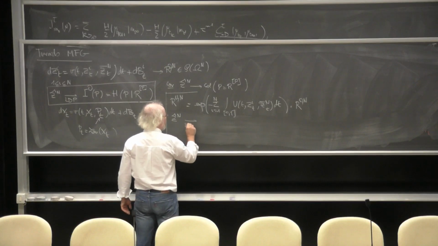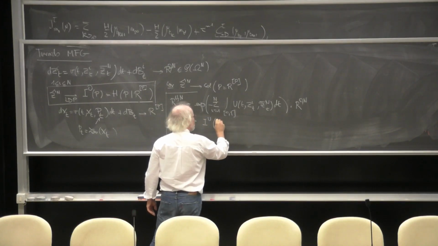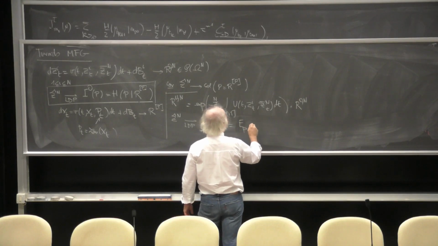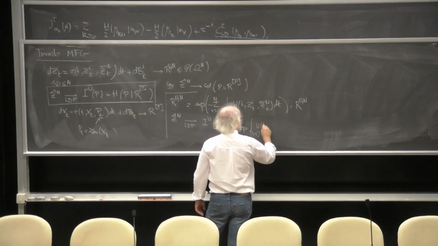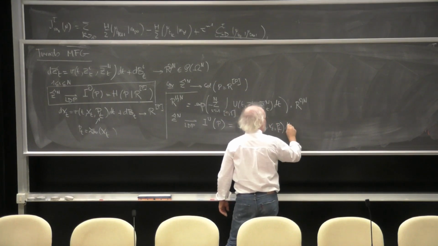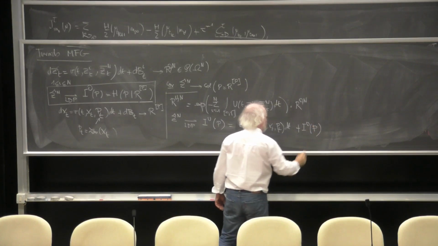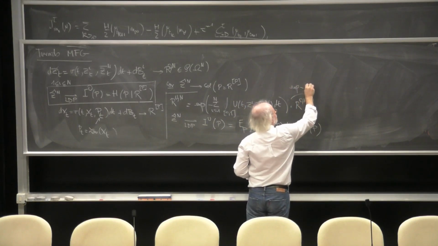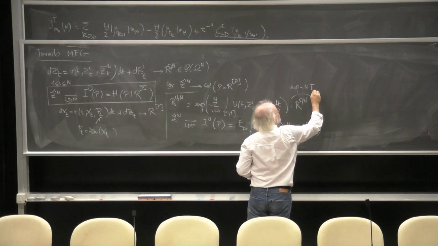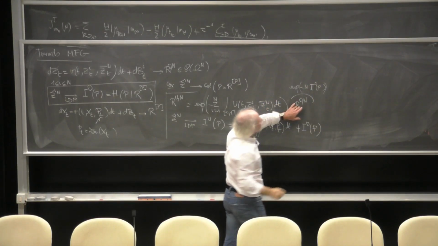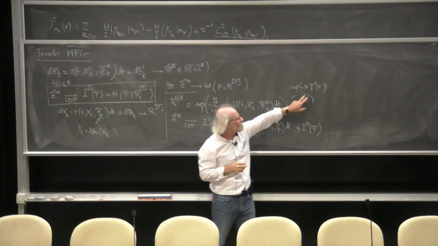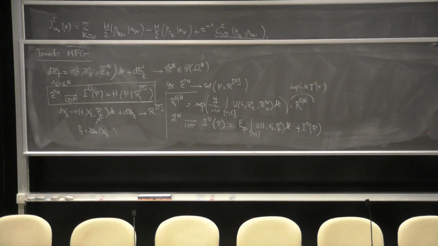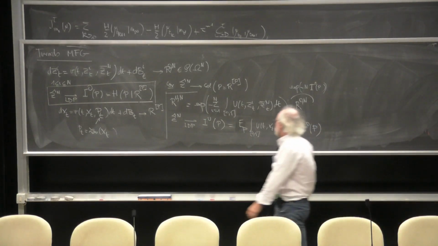Then it satisfies the LDP with the rate function I^u of P, which is defined by the expectation with respect to P of the integral from 0 to 1 of u_t, X_t, P_t dt plus I^0 of P. So if you think of R^{0,N} as formally satisfying the large deviation principle with I^0, then what you get is a Laplace integral formula. So you will get this at the limit.